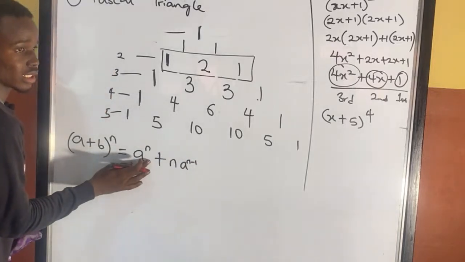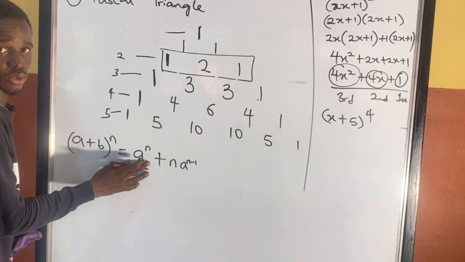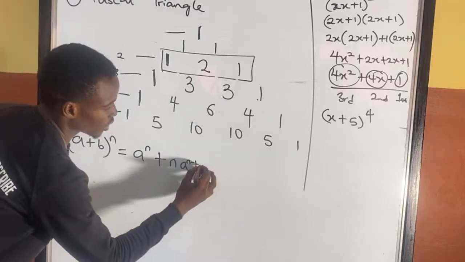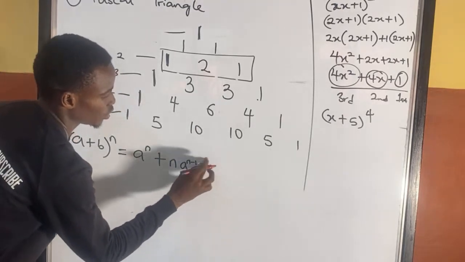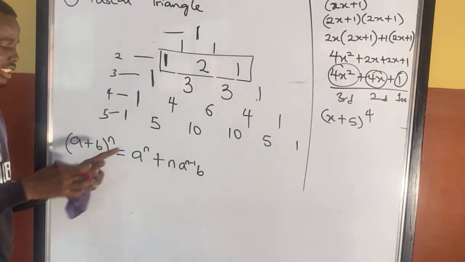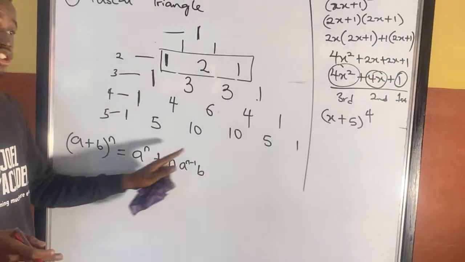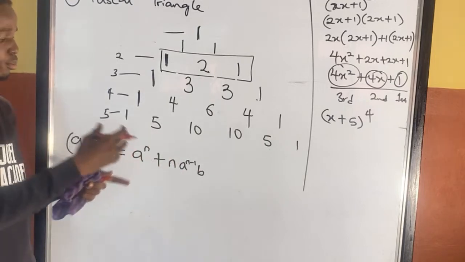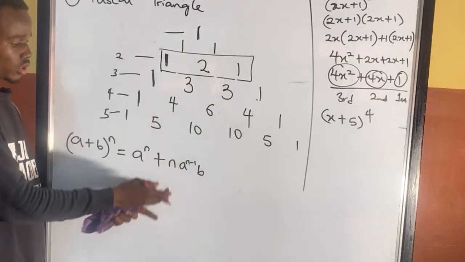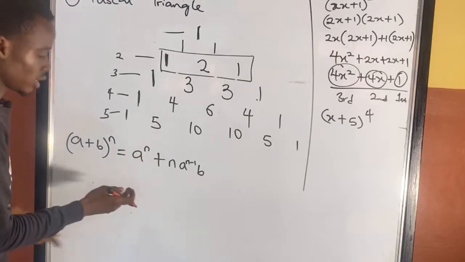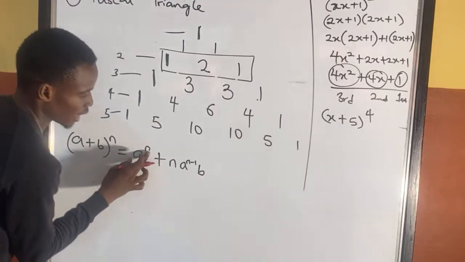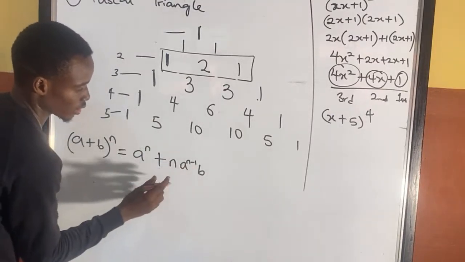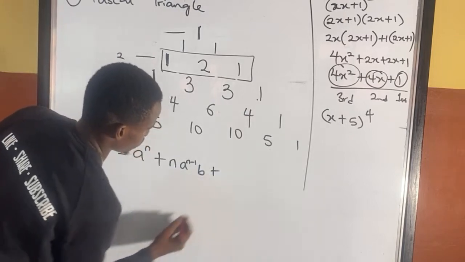B starts with the lowest one, 0, then it begins to increase, B raised to the power of 1, which is also B. So it's just as if the power of A is reducing while the power of B is increasing. So now it starts from the highest, minus 1. So we'll come to the next one.